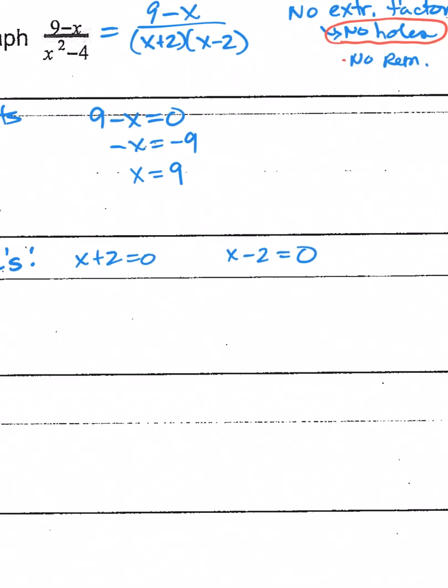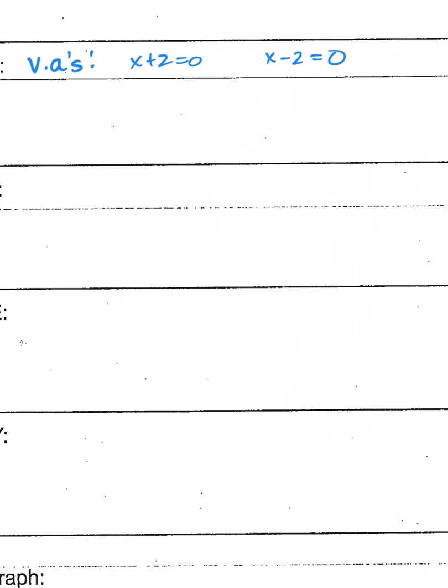Now, let's test and see. So how do we test? What do we do? We got to test points close to each one. Believe it or not. So we've got x equals negative 2 here, and x equals positive 2 here. How do we do that? We got to plug in a point and see what we get.